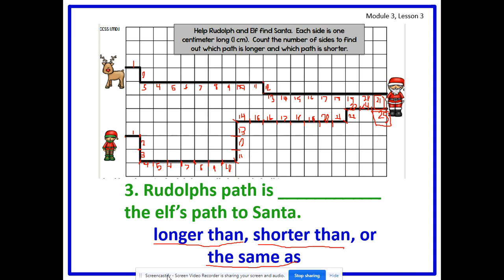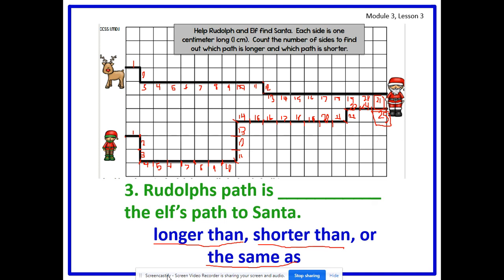And when I say go, you pick up your whiteboard. Go ahead and write your answer. You're comparing Rudolph's path to the elf's path. Remember, you're only writing your answer. And go.